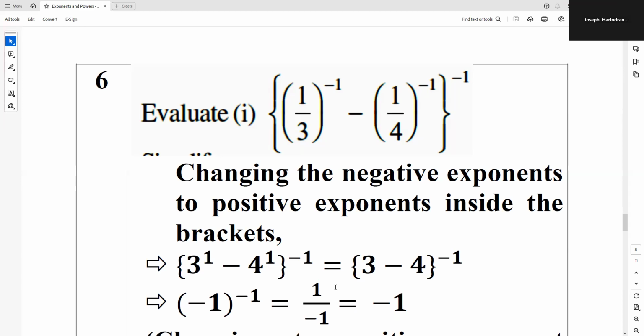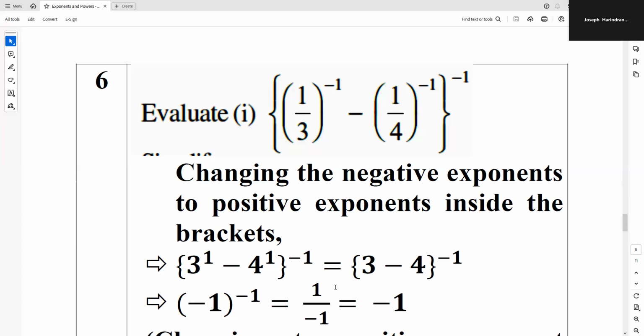Now focus inside the brackets, we have 3 minus 4, raised to the power minus 1. What is 3 minus 4? Minus 1, within the brackets, raised to the power minus 1. Now we change it to a positive exponent again.